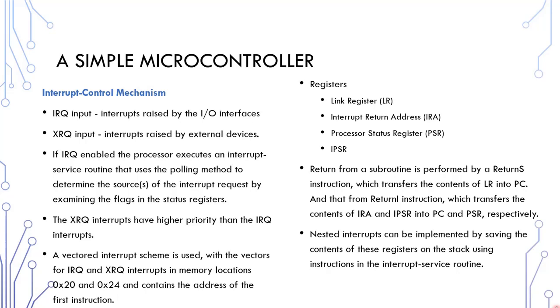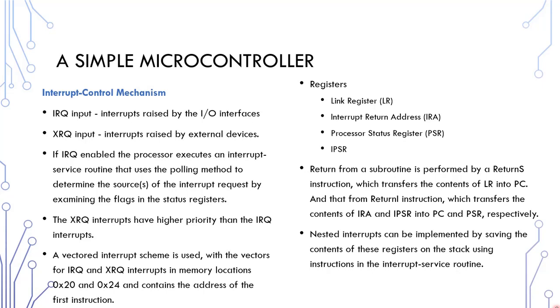There is another register IRA which serves as the return address when the interrupt request is accepted. In this case, in addition to saving the return address in IRA, the contents of the processor status register or the PSR are saved in the register IPSR. Return from the subroutine is performed by the ReturnS instruction which transfers the content of LR into PC.